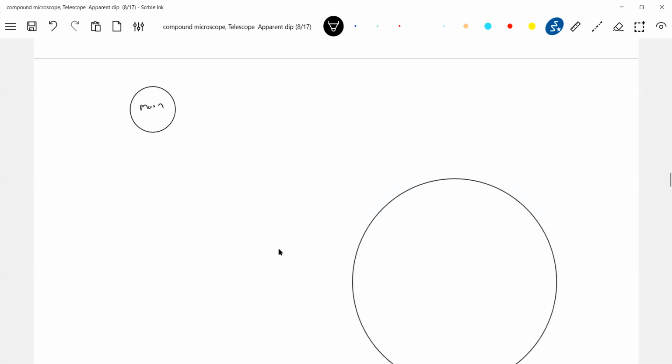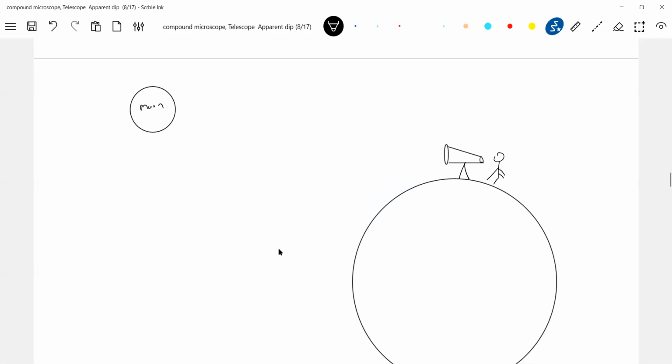We'll go for one small rough diagram. There's a moon, there's an earth, and we have here a telescope, and there's a person seeing that.